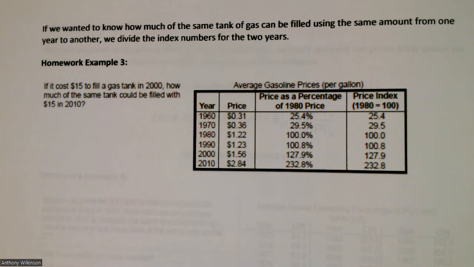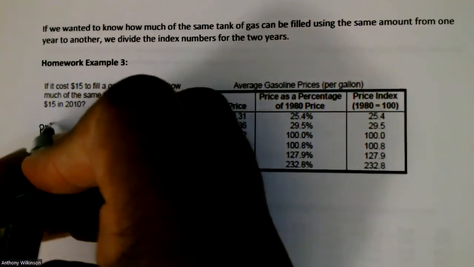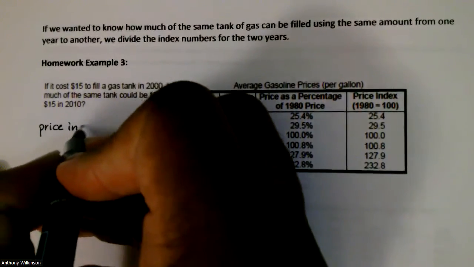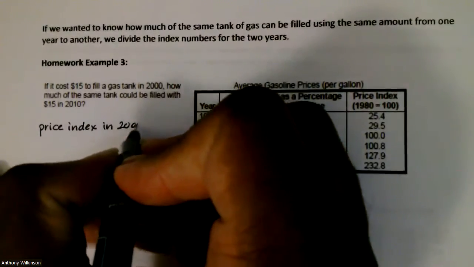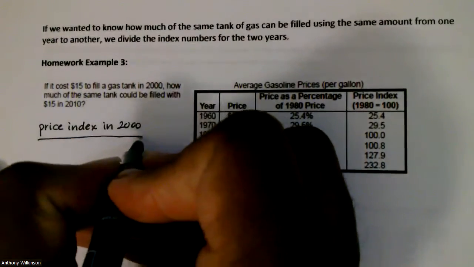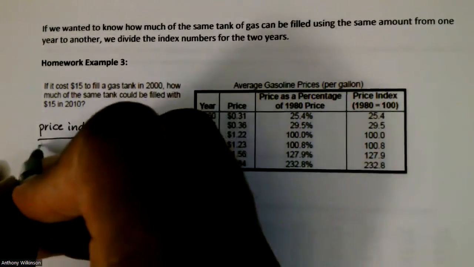All right, so in this case here, we need to consider the price index in 2000. That has to be divided by the price index in 2010.